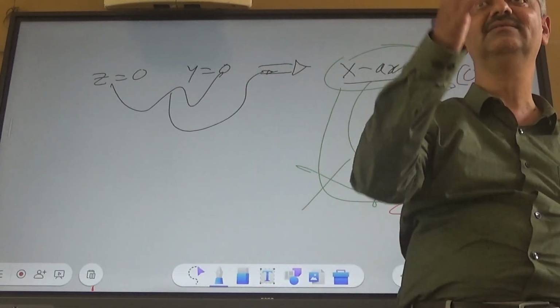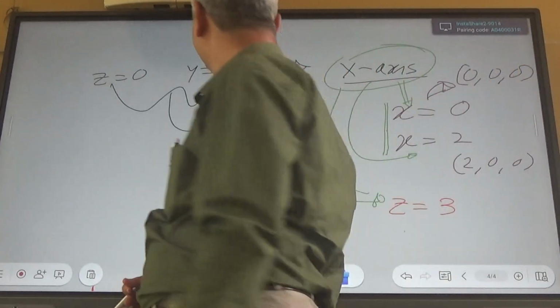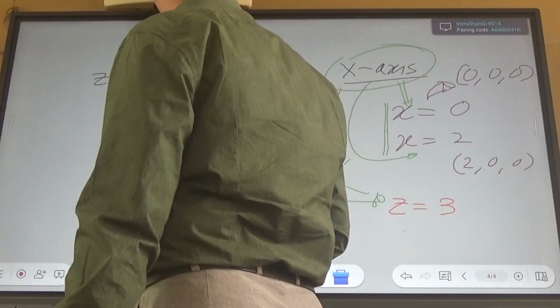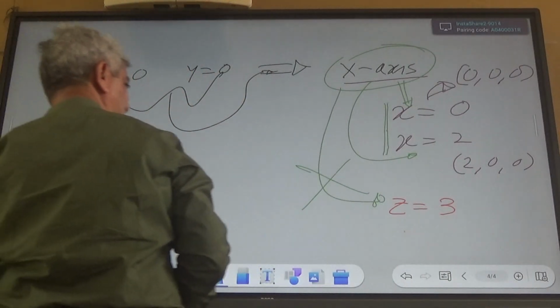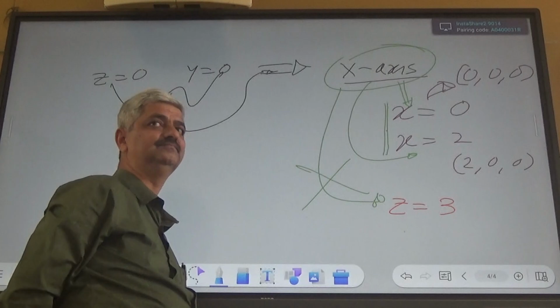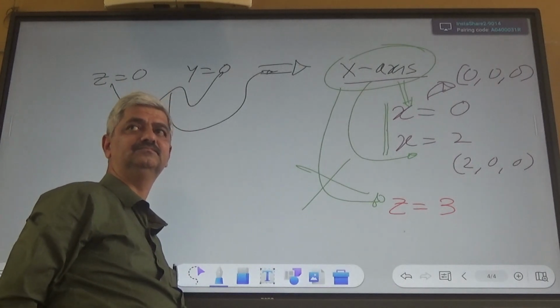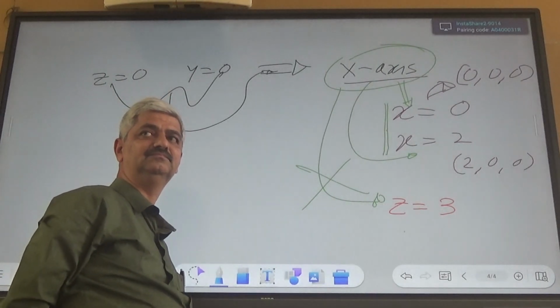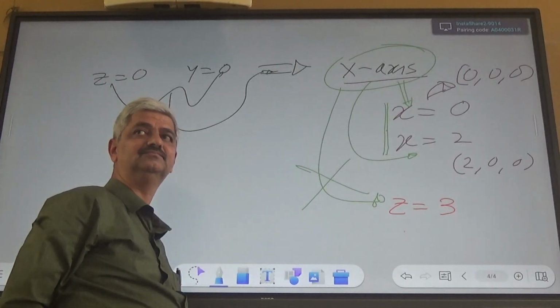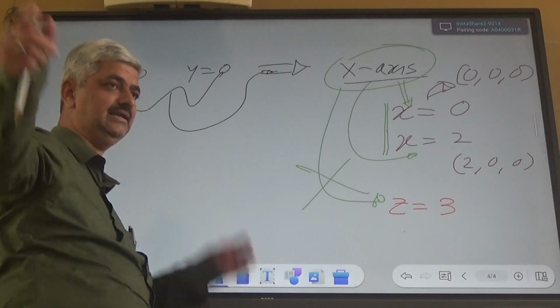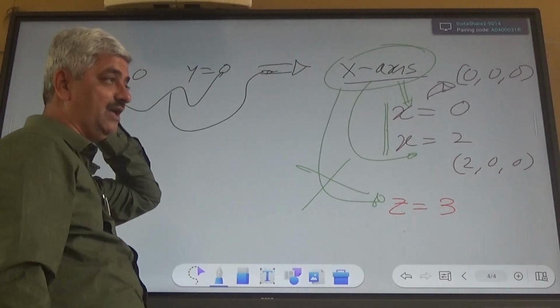Kevin? X plus y plus z equal to 1. काय होईल त्यामध्ये? He said x plus y plus z equal to 1.